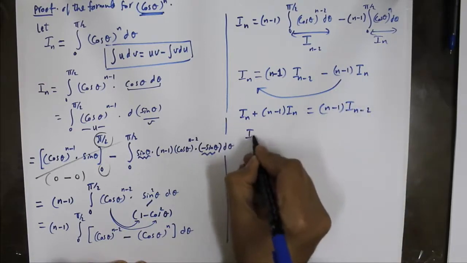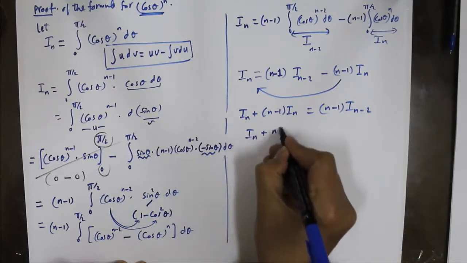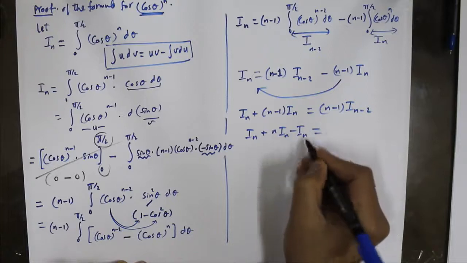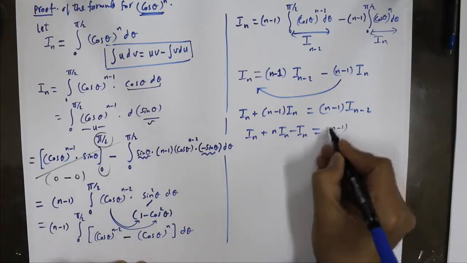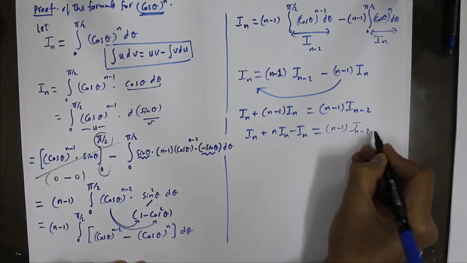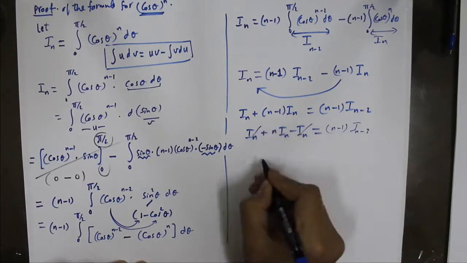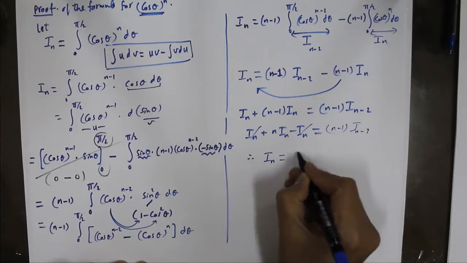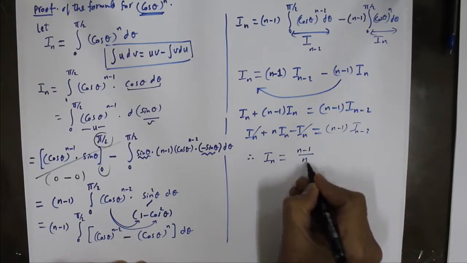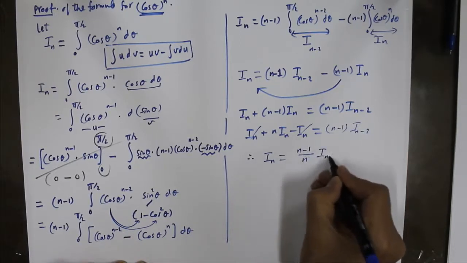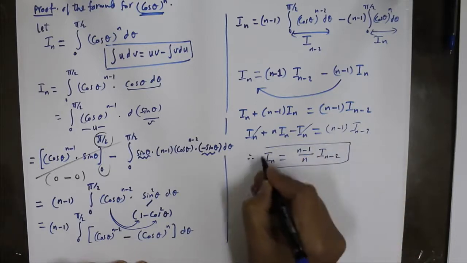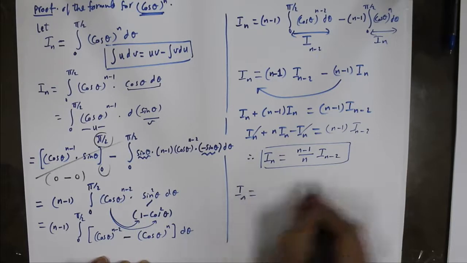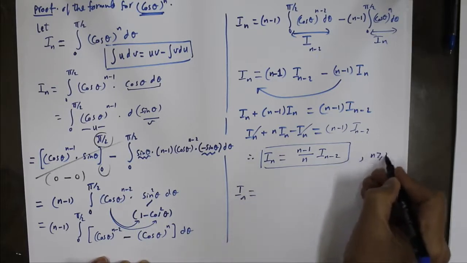Simplification will give you I_n plus n I_n minus I_n equals n minus 1 times I_{n-2}. Of course, this will cancel and we get the required relation. I_n equals n minus 1 over n times I_{n-2}. This is a valid relation for this integral for n bigger than or equal to 2.